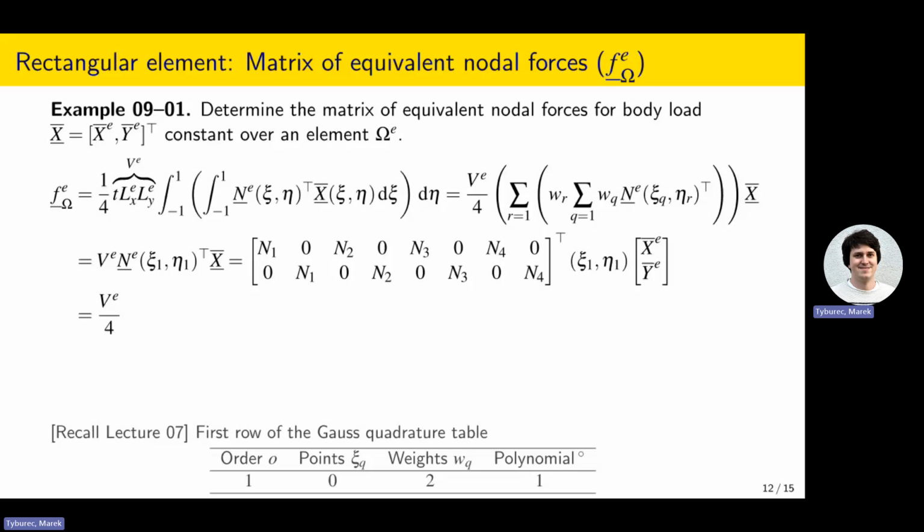And then for this matrix, we get the values 1/4, 0, 1/4, 0, 1/4, 0, 1/4, 0. And then here we get its transpose: 0, 1/4, 0, 1/4, 0, 1/4, 0, 1/4.